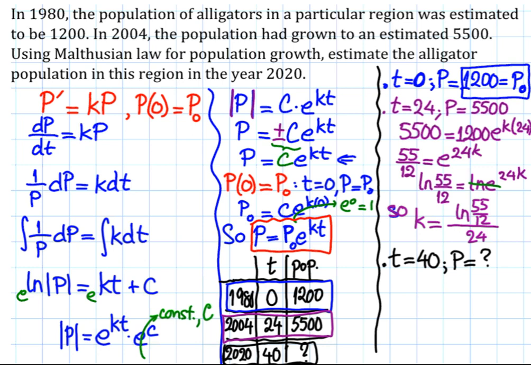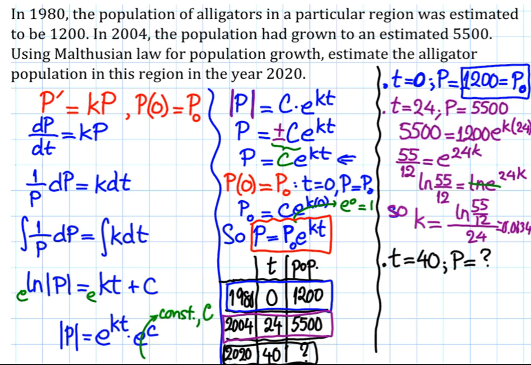Actually, I put in the ln of 55 over 12 divided by 24. If we do that, we have 0.06343. Right, good enough.